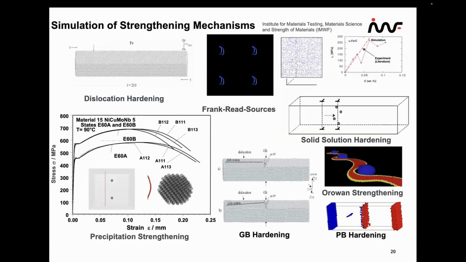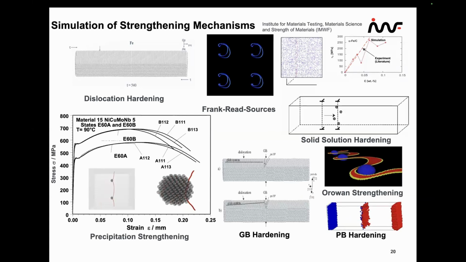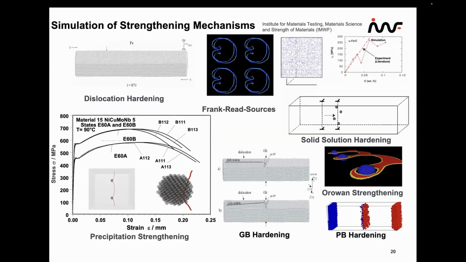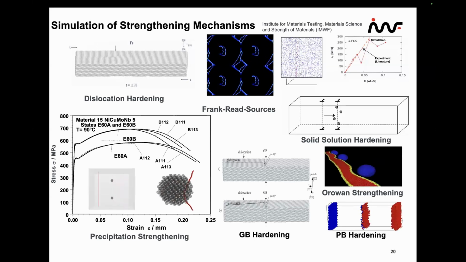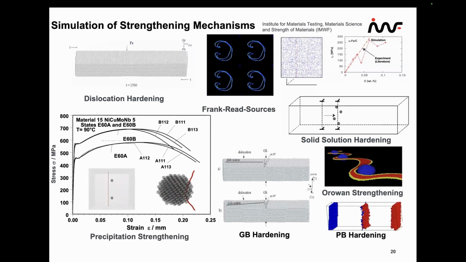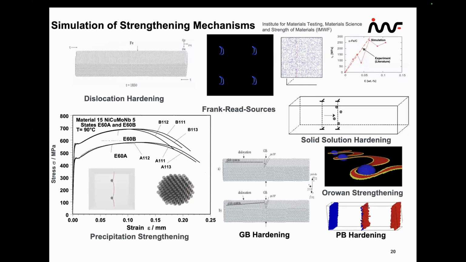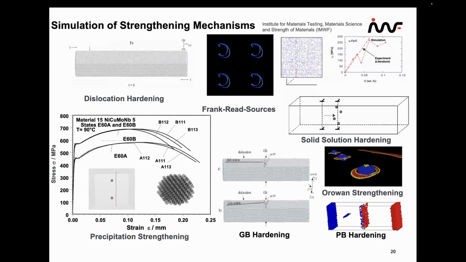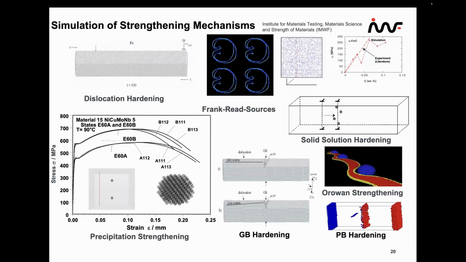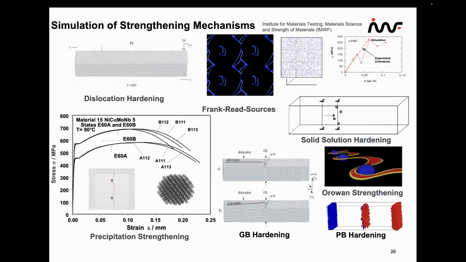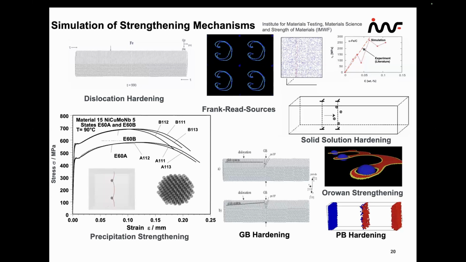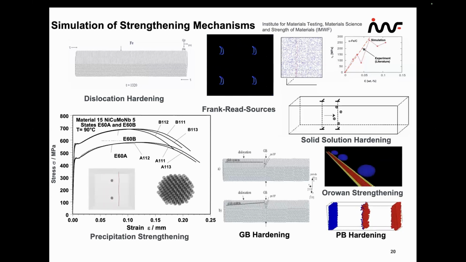Therefore, molecular dynamics can nowadays be used to simulate strengthening effects, which is one of the most important aspects in material science, to improve materials, whether it is dislocation hardening, we already saw Frank-Read sources, solid solution hardening, but also precipitation strengthening, grain boundary and phase boundary hardening.